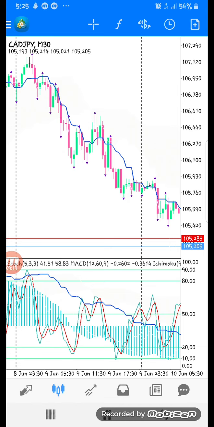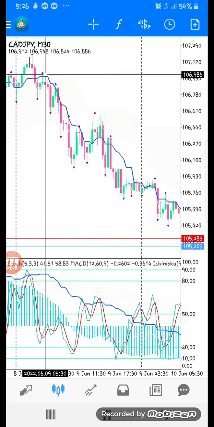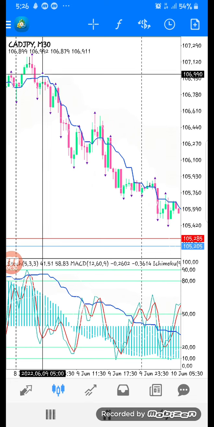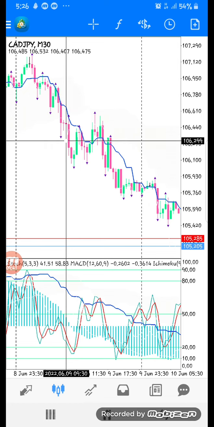And before you allow your market to run, make sure you've moved your stop loss from above the entry point to a little bit below the entry point. You understand? And then hold your market to run.